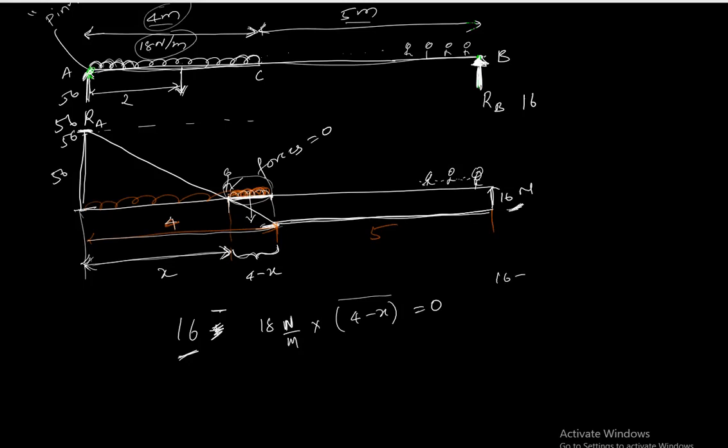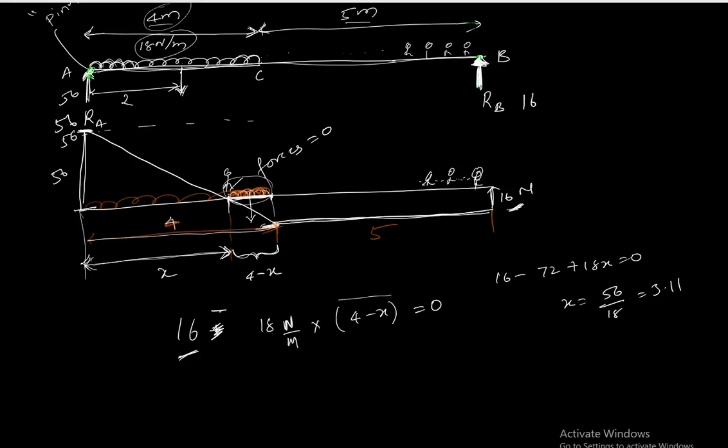So 16 minus 72 plus 18x is 0. So you get x is equal to, let me see, 56 over 18. So that's let me see, it's 3.11 meters.